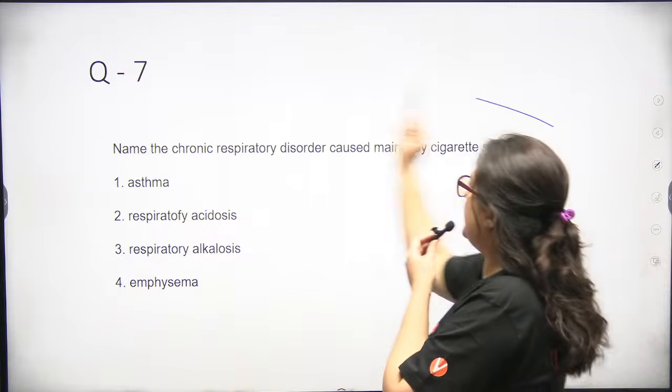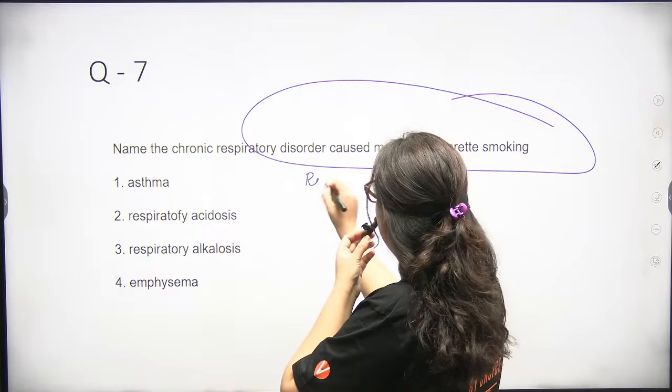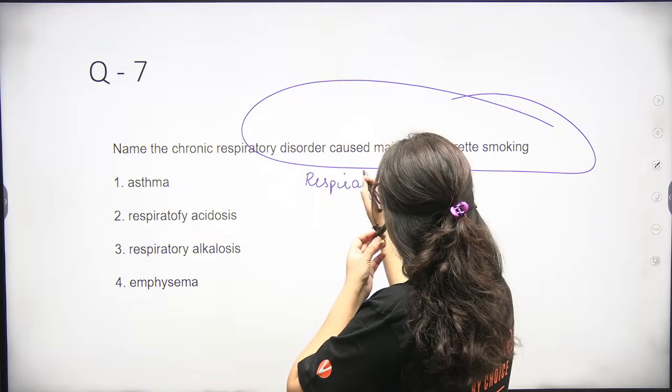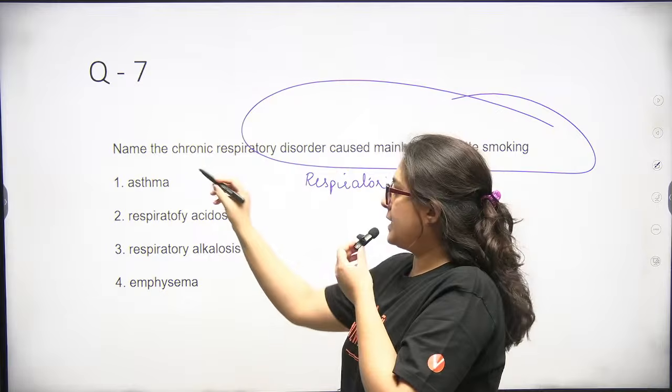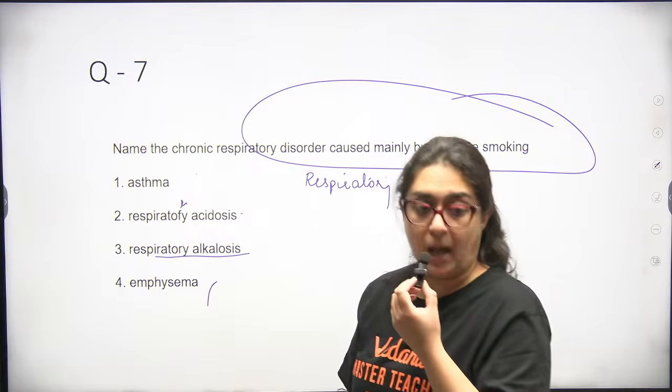Name the chronic respiratory disorder mainly caused by cigarette smoking. Asthma, respiratory acidosis, respiratory alkalosis, or emphysema.